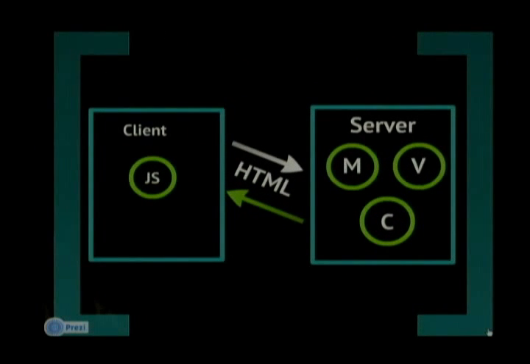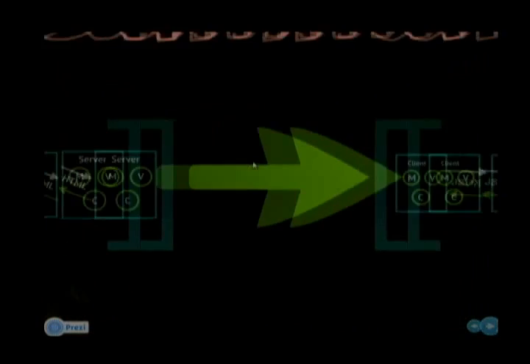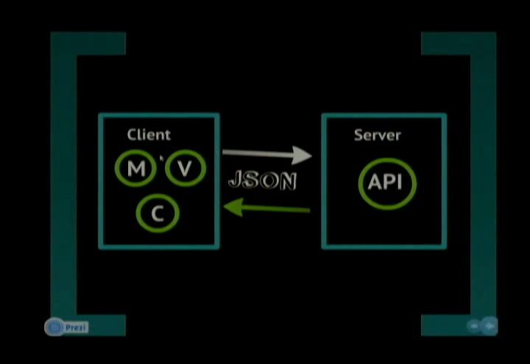In short, previously all the MVC was on the server: model, view, and controllers. The client was sending an HTML request to the server and getting an HTML response. But now all the MVC is on the client: model, view, and collection. It sends an AJAX request to the server, and the server gives JSON data.